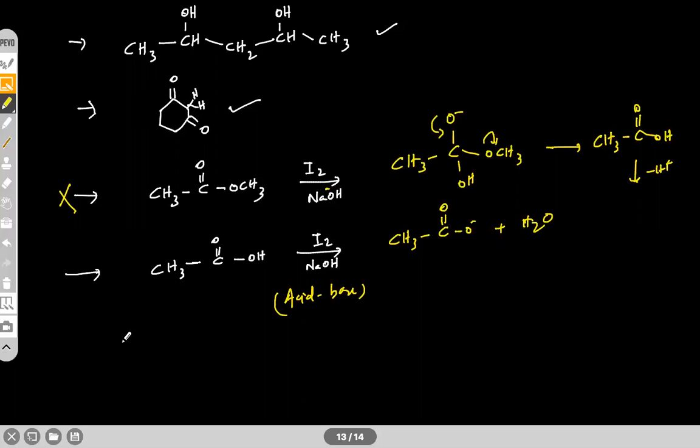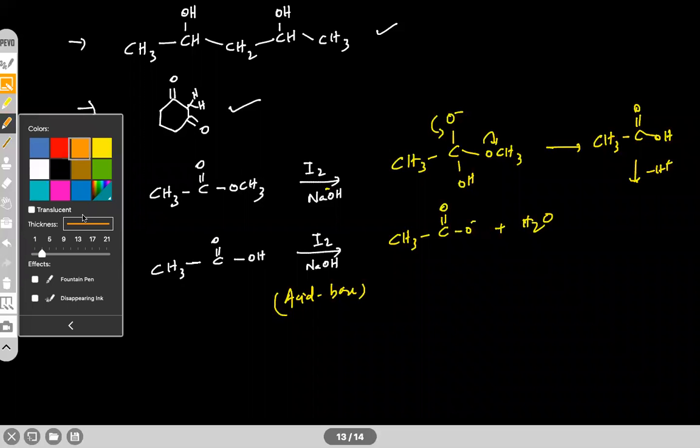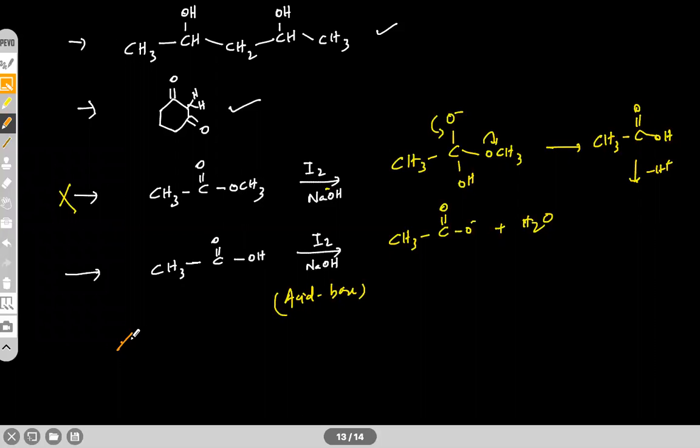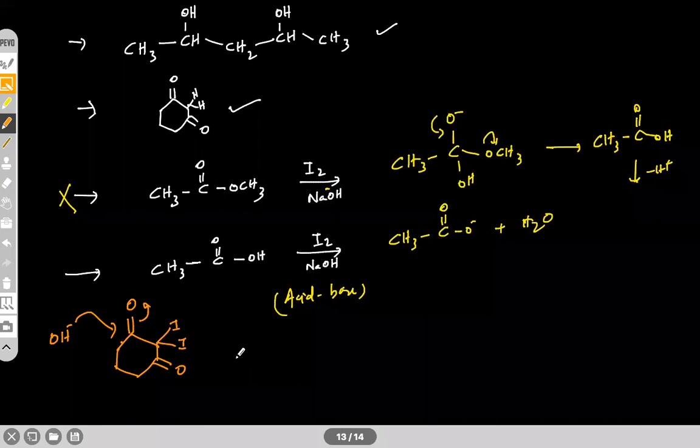See, I'll give you an idea. We have this. The chain opens and then one carbon becomes iodoform and then you get two carboxylic acids on the sides. You'll get this. Yes, sir. Correct? Yeah. And then OH minus comes here. This goes up.